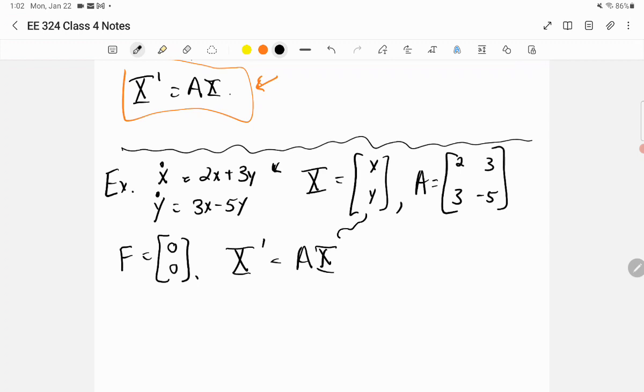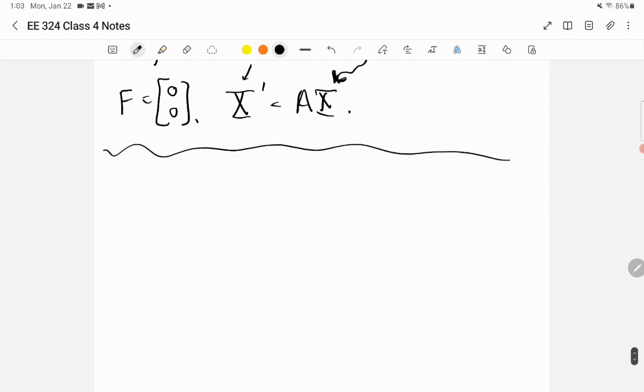And obviously x here is just that vector x, y stacked on each other. And then this one will just be the derivative of each of the individual terms in the vector with respect to time. Now let's get an example with a non-homogeneous one. Suppose we have the following system. X dot is equal to 6x plus 2y minus z.